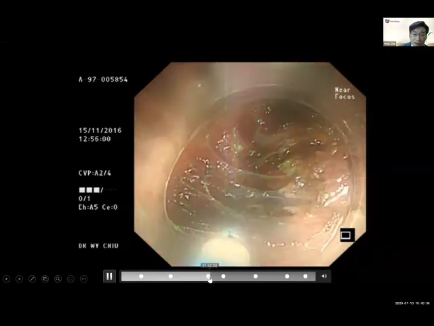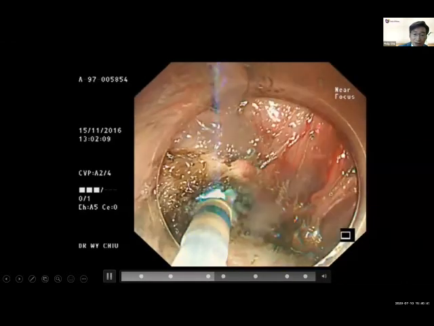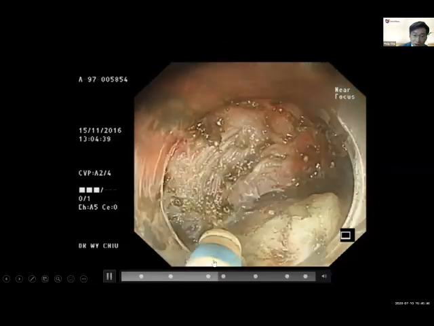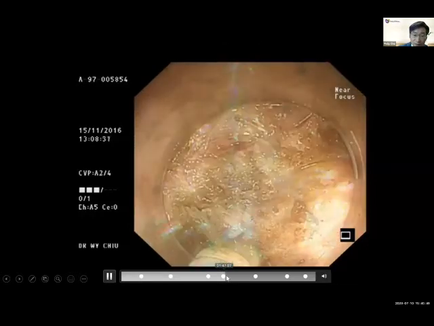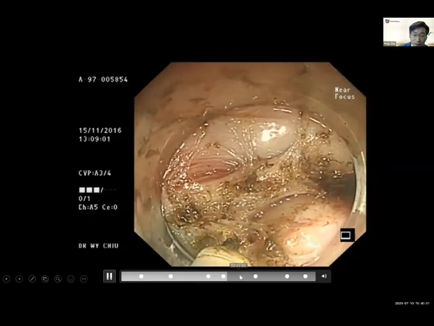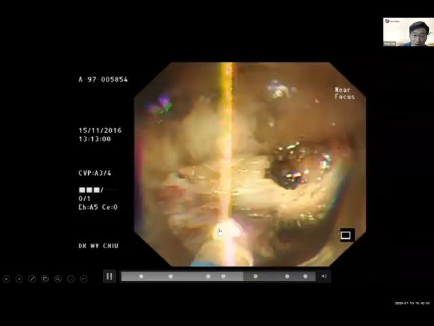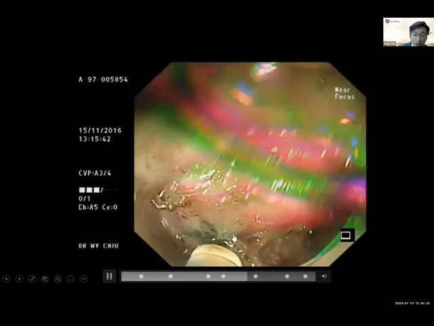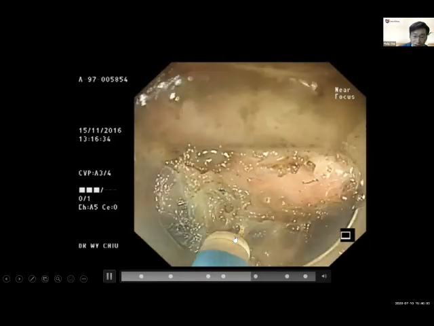You can see that due to the limited space in the submucosal tunnel, manipulation of the tumor is sometimes quite difficult. This is the dissection at the base of the tumor from the muscle layer, dissecting the tumor away from the muscle layer. Sometimes you need to take part of the muscle in order to get a reasonable margin for the resection.